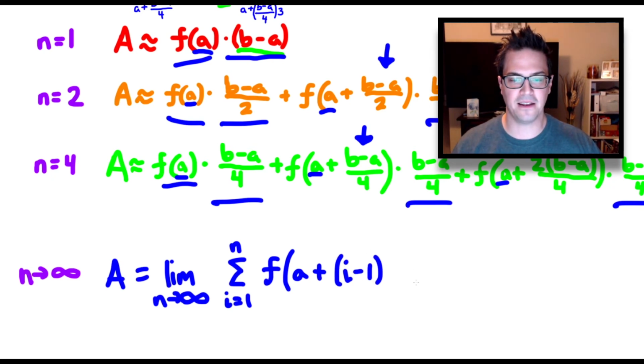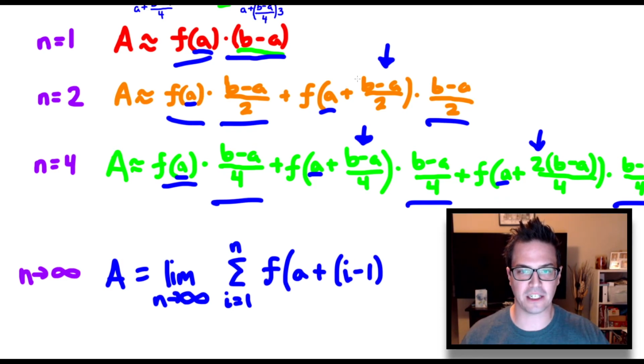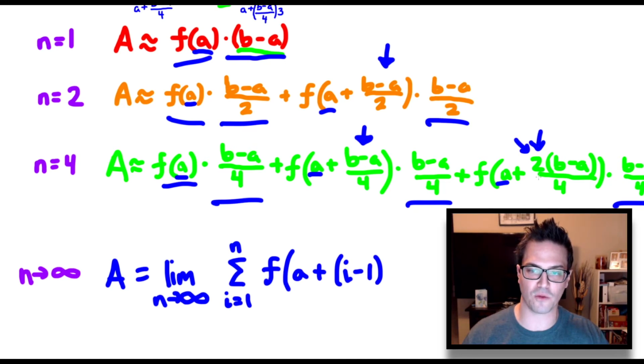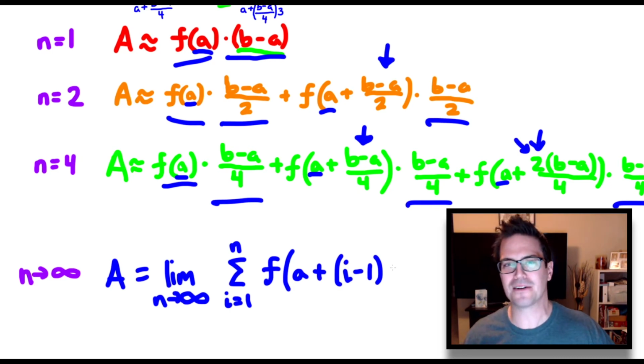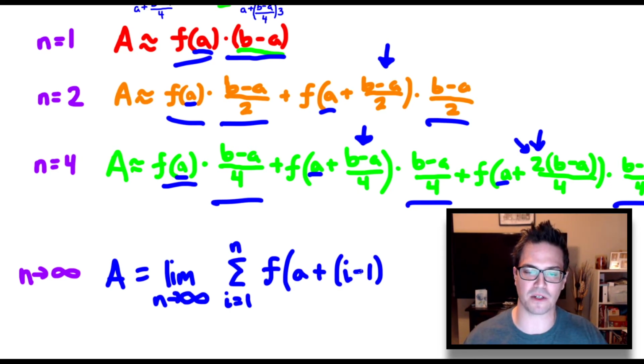Then when i is 2, it's going to be 1. This one's multiplied by 1, this one has a 2 there. So it would be the first one, which is 0, the second one, which is 1, and then the third one, which is 2. So it's always going to be 1 off from that. This doesn't matter all that much for what we're doing, especially since we're going to infinity, but I'm just trying to be as exact as possible.